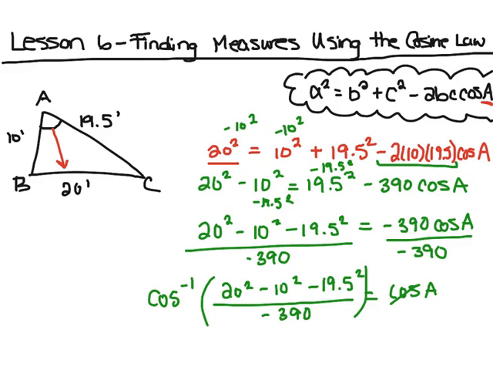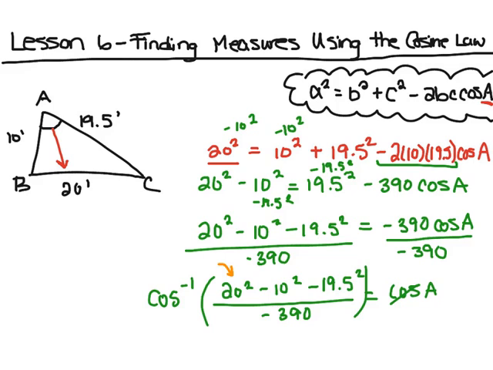So this is how you should type it. Type everything on the inside first. So 20 squared minus 10 squared minus 19.5 squared equals. And you should get negative 80.25. And that's good. Leave it on your screen, and now click divided by negative 390.